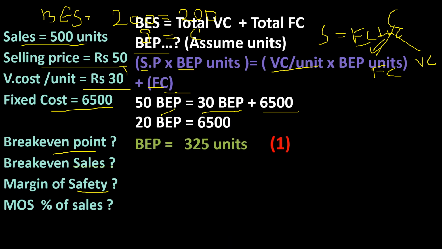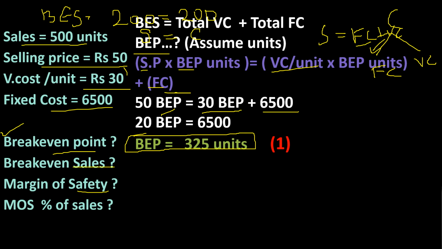So finally we get the break-even point as 325 units. So we got the answer for the first question. So the break-even point is 325 units. So at the time of selling 325 units, there will be no profit and no loss for the company.